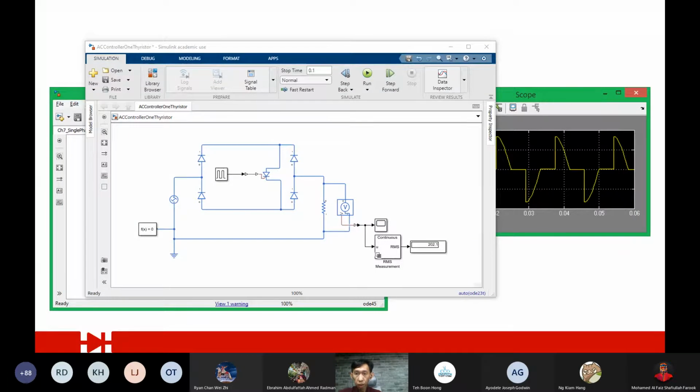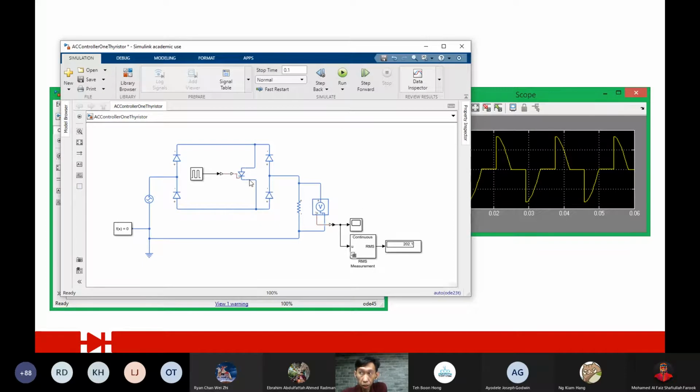Ryan, you are using a wrong model. The model you are looking at is a solid state relay. It's not the AC controller. That one I'll explain after this one. Please do this one first, the one I show in the share screen. You guys just make a simple change. You should be able to do it.